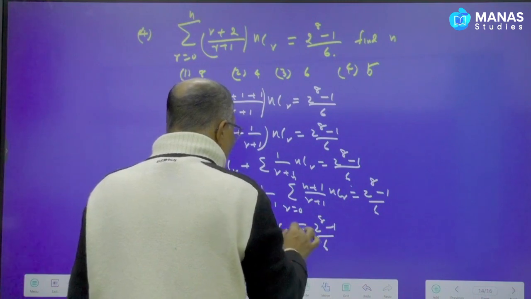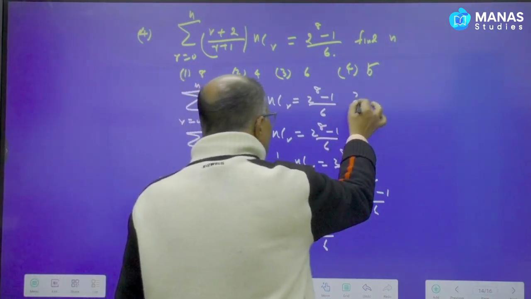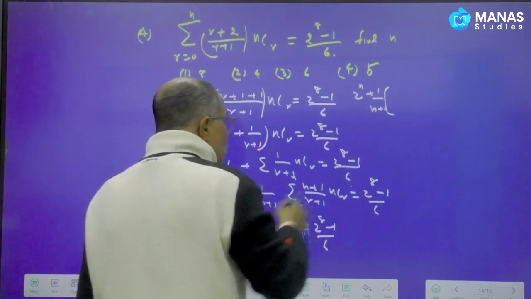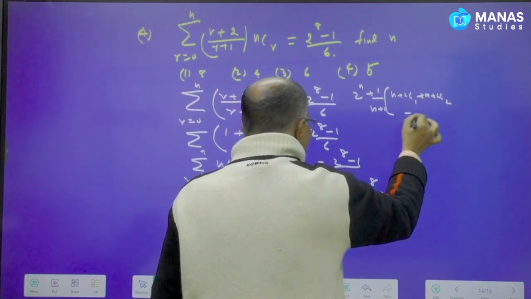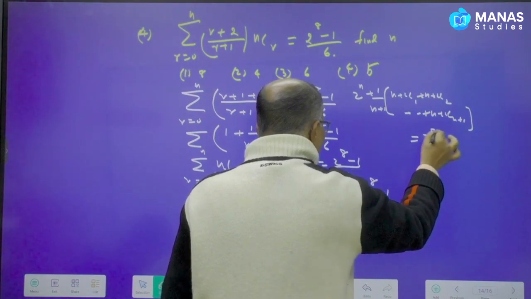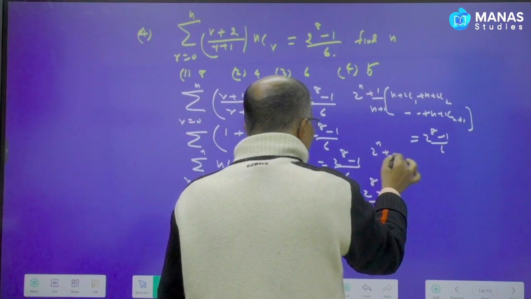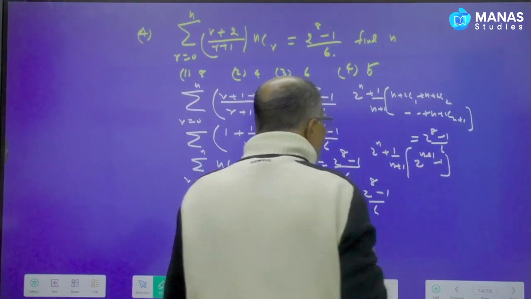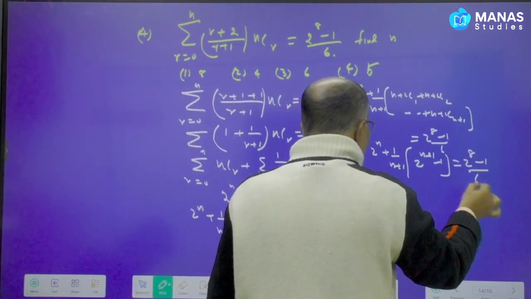As you substitute the values, we get 2 power n plus 1 by (n plus 1) multiplied by (n plus 1)c1 plus (n plus 1)c2 etc. up to (n plus 1)c(n plus 1) equal to (2 power 8 minus 1) by 6. So 2 power n plus 1 by (n plus 1), this is 2 power (n plus 1) minus 1, because (n plus 1)c0 is missing, equal to (2 power 8 minus 1) by 6.